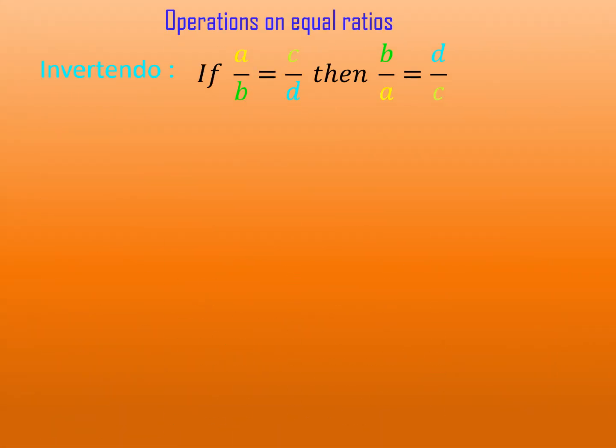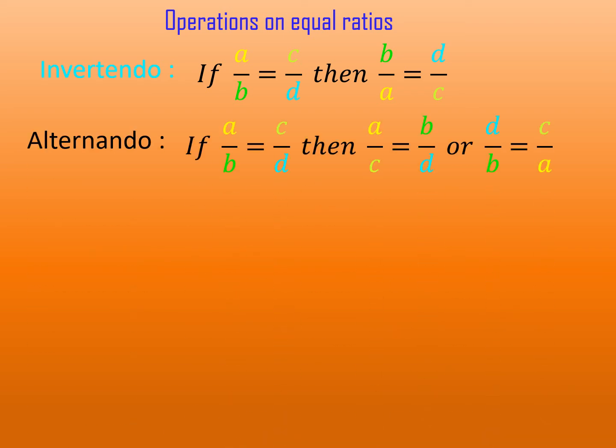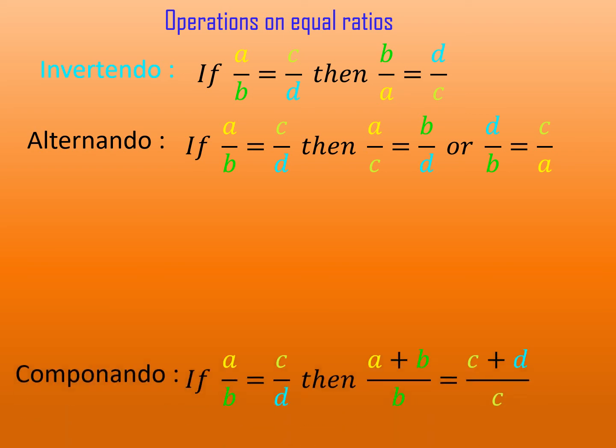Now let's revise together. Invertendo: a upon b equals c upon d, then we get b upon a equals d upon c. Alternando: a upon b equals c upon d, therefore a upon c equals b upon d, or d upon b equals c upon a. At a time, one diagonal; that you have to remember.